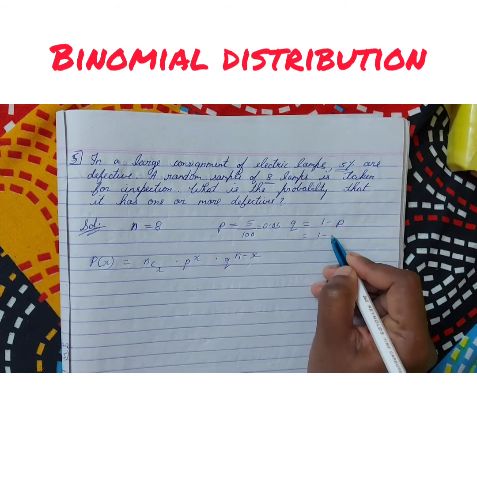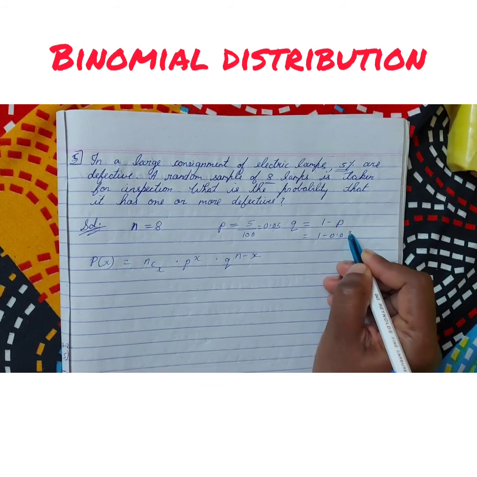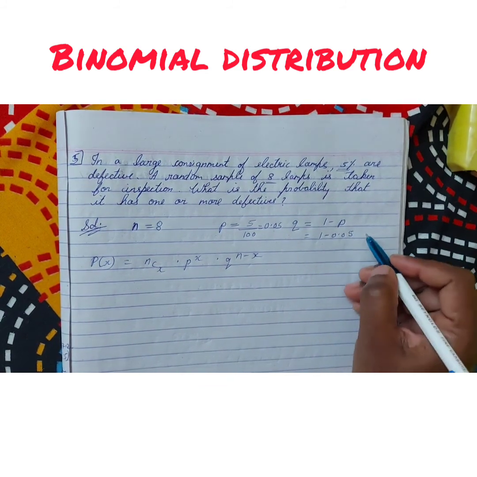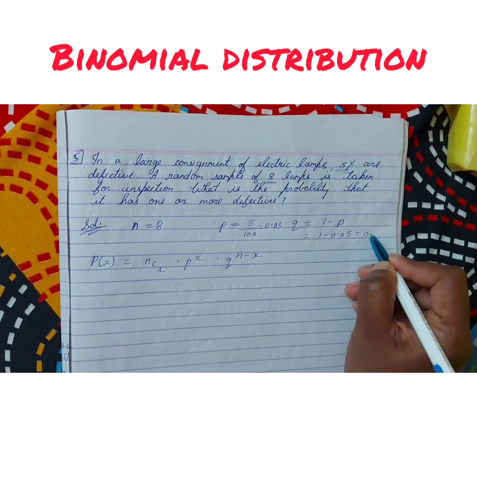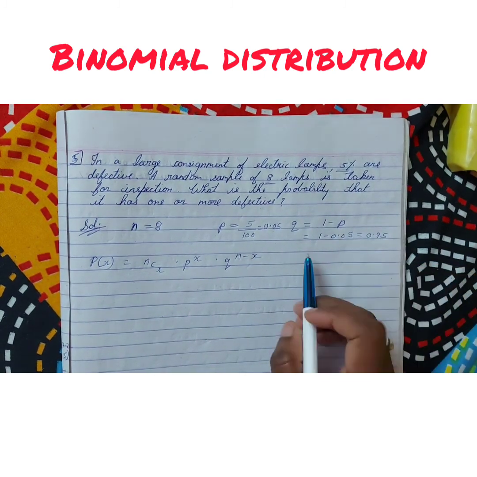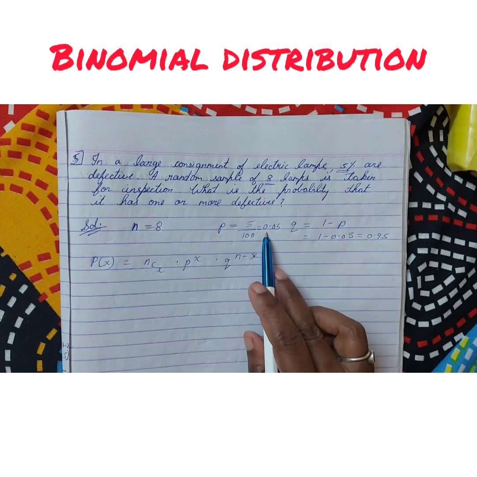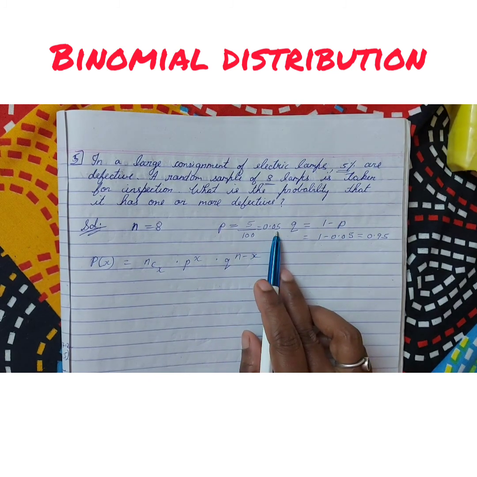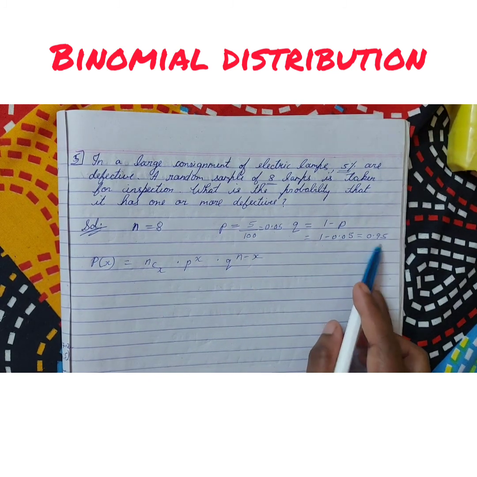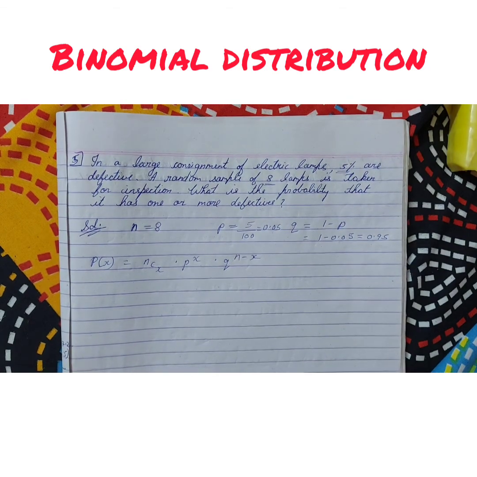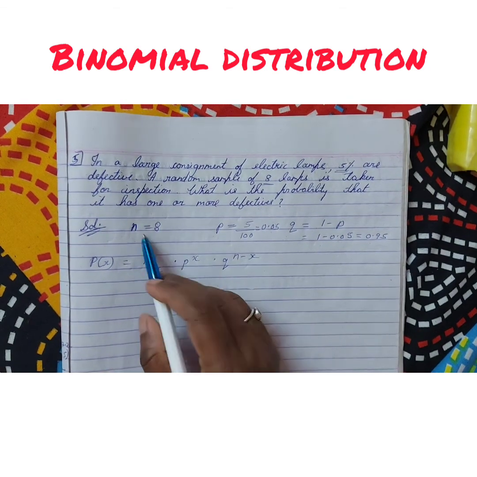So 1 minus 0.05, your answer will be 0.95. So this is the parameters.